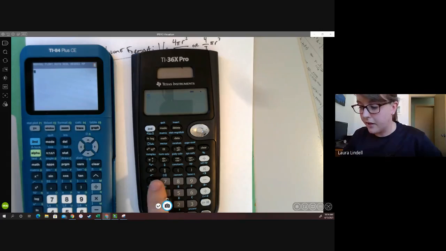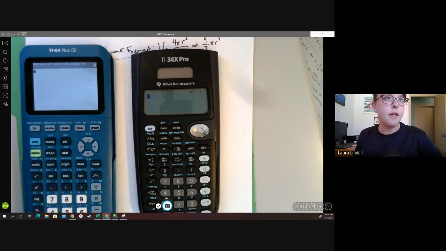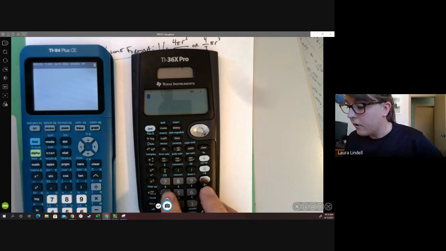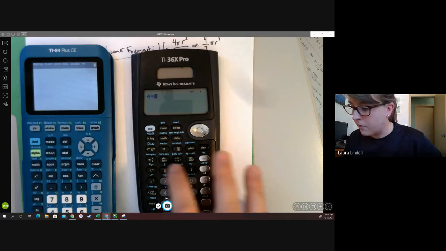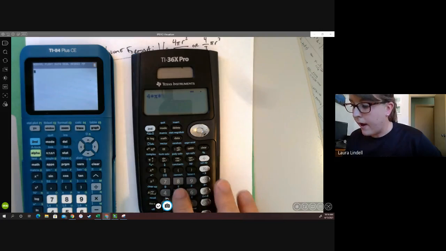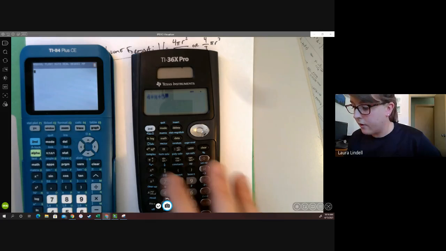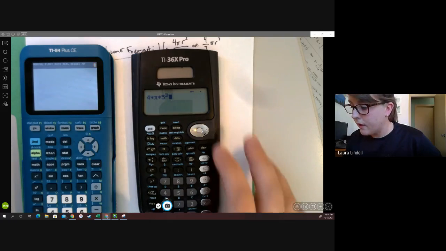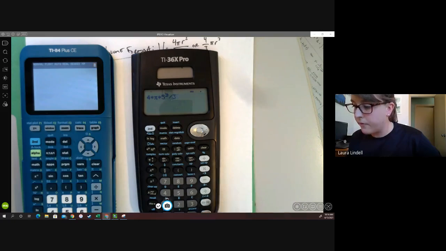Because a lot of times you have a square button because you use that a lot. But to get it to a different exponent, you'll use the other key for that. So we're going to go 4 times pi times the radius, which was 5, to the 3rd power, and then divided by 3.